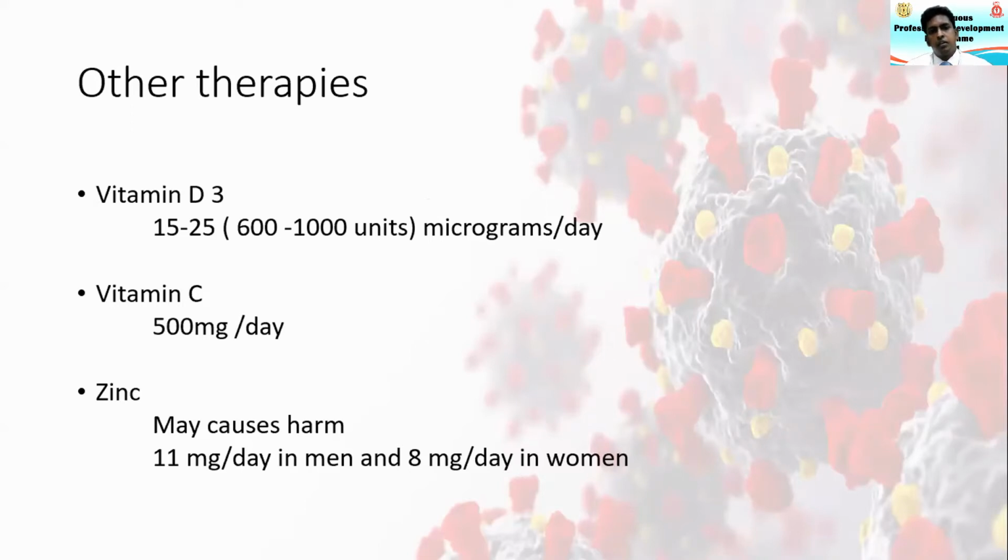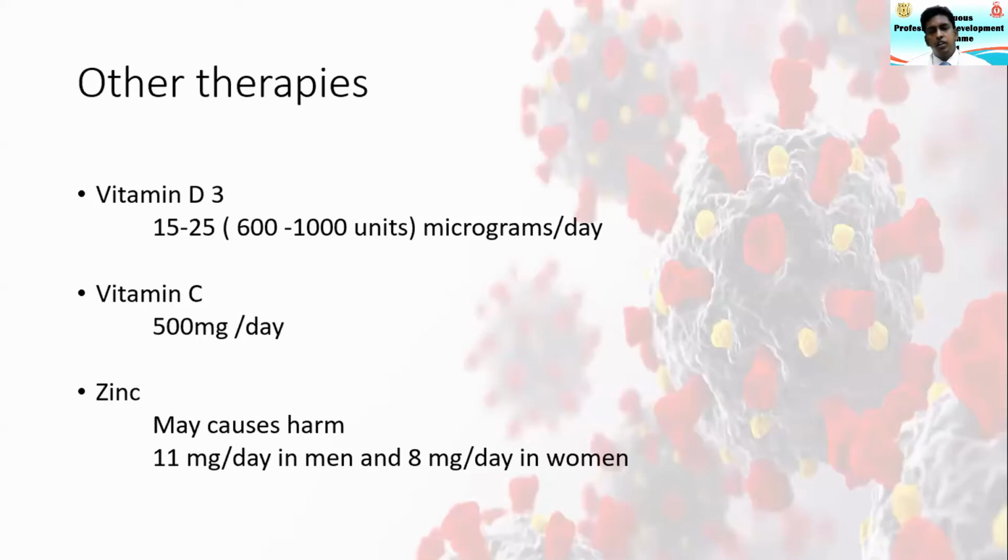But this is the recommendation given by many guidelines, 15 to 25 micrograms per day or 600,000 units per day. And vitamin C has not clearly shown any benefit or any harm. So people are using these drugs. Vitamin C is about 500 to 1500 per day.